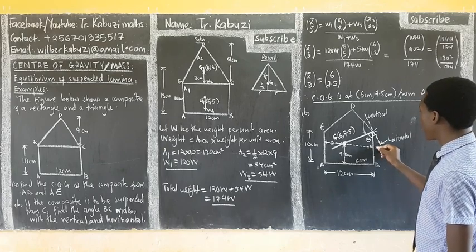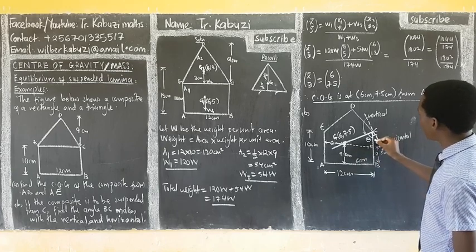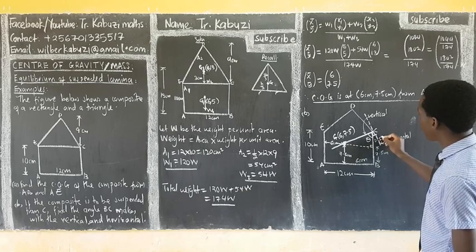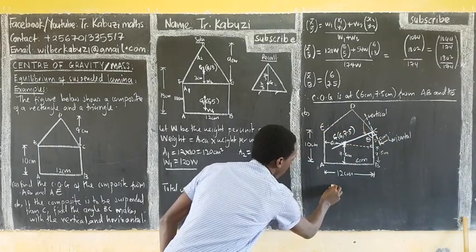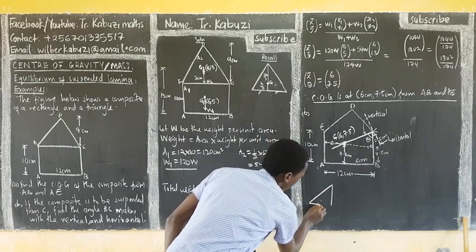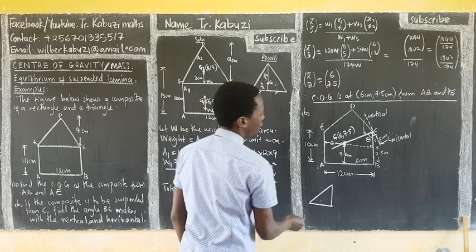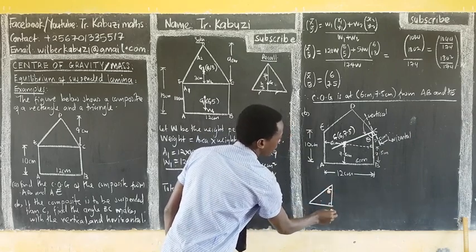So from here up to here is 7.5 centimeters, and from here up to here is 2.5 centimeters. If I pick out that triangle, this is the case we have. So this is my theta.